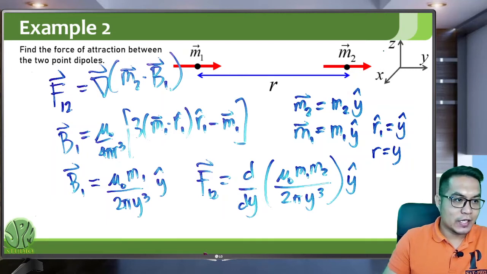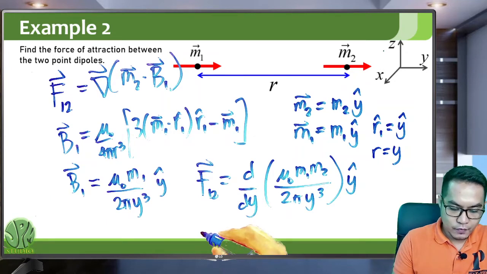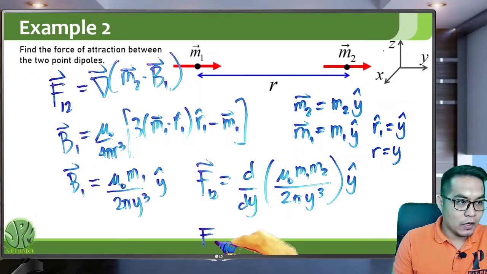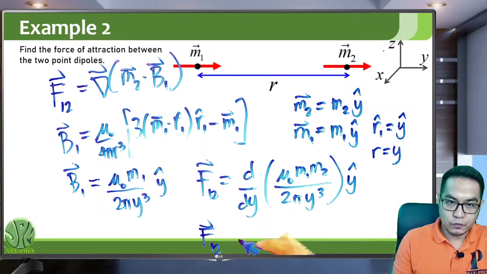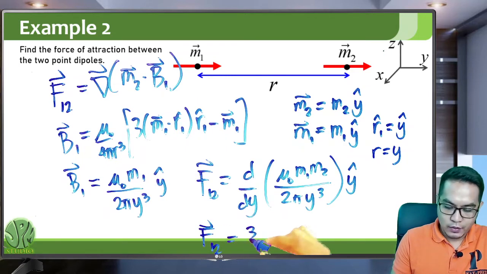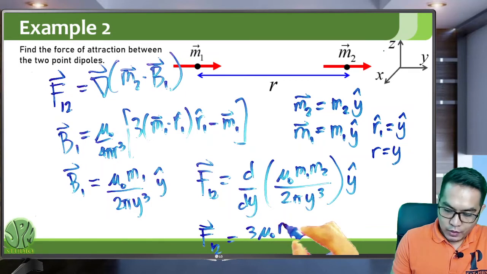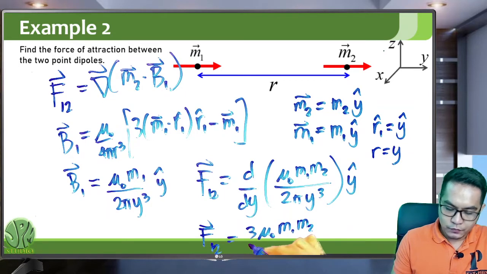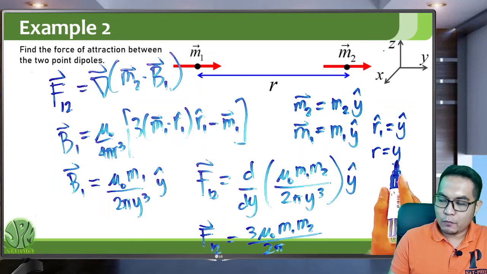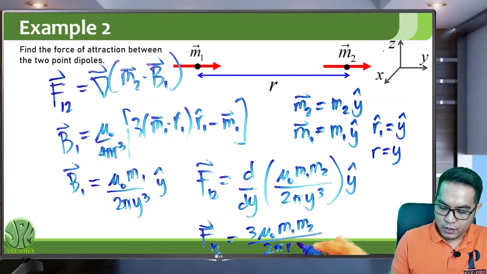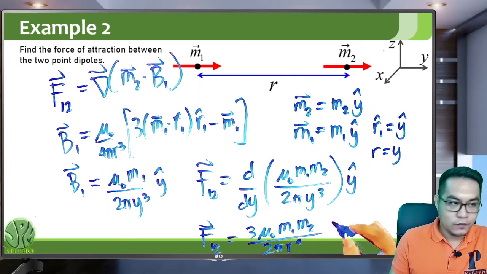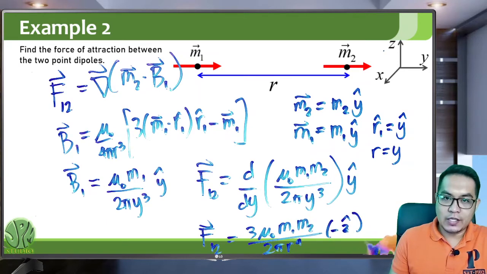So in this case, our F12 will be equal to 3 mu naught M1 M2 over 2 pi. I will just go back from y to r, so r to the 4th, negative z hat.